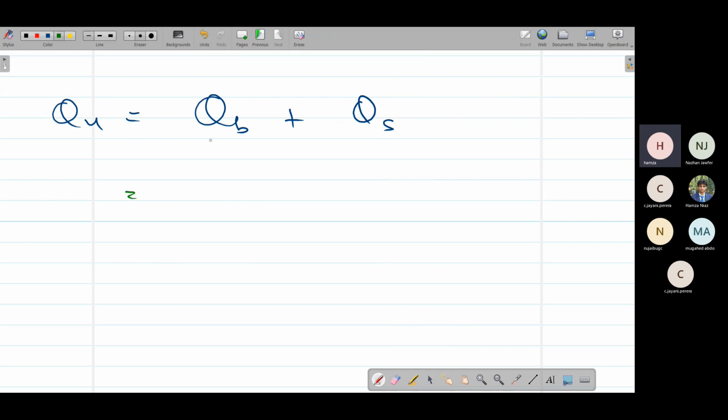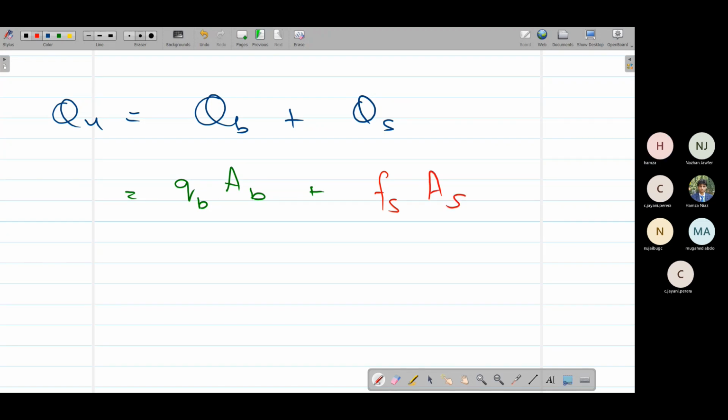And we can write QB as qb, the stress at the base, times the area of the base, AB. Plus QS, which is fs, the frictional stress at the sides of the pile, times the area of shaft, AS.